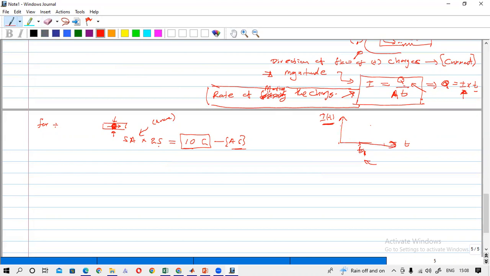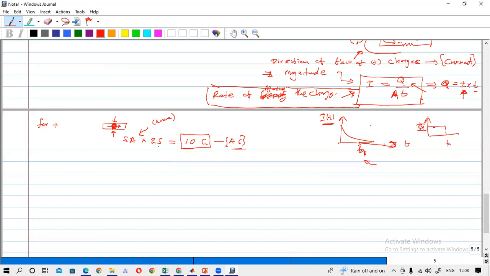Like this T. And if the current is a constant like this, up to this T, you can multiply the current by T and you can get the total coulombs, total charges.